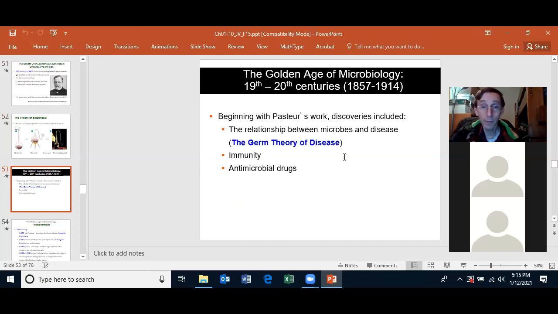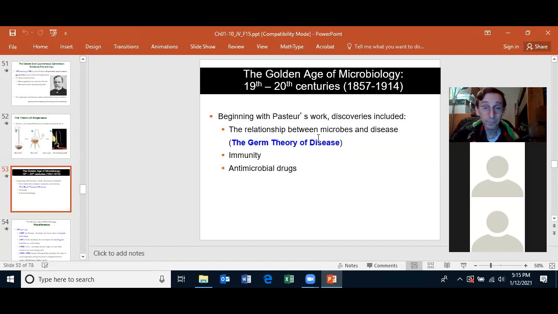One of the big ones that came out of Pasteur's work was that germs, microbes, could cause disease. There was a relationship between microbes and disease, and people suspected that microbes might cause disease. That theory developed over time, and it's called the germ theory of disease.